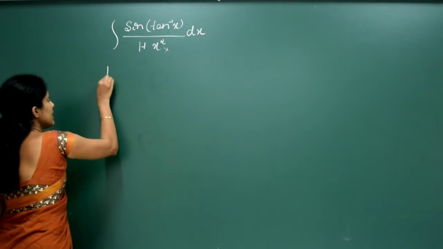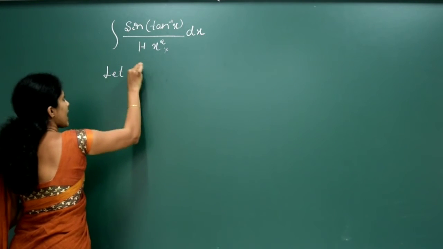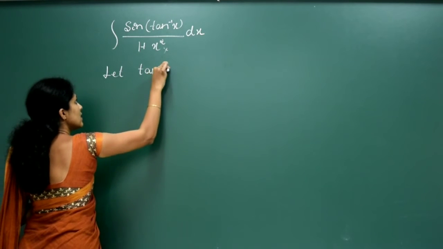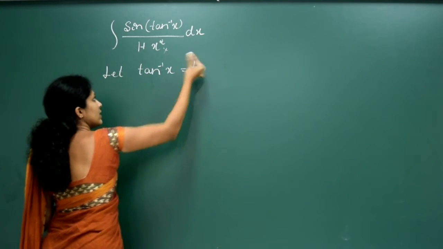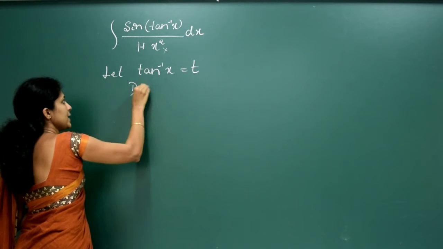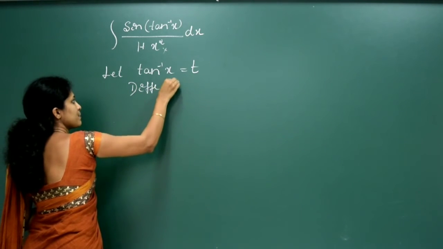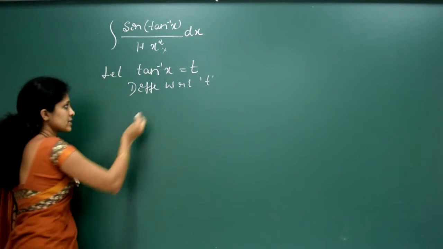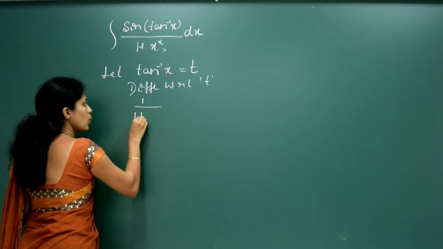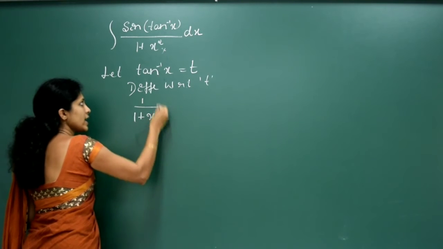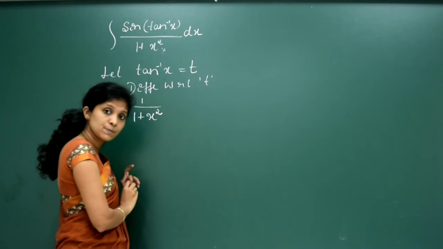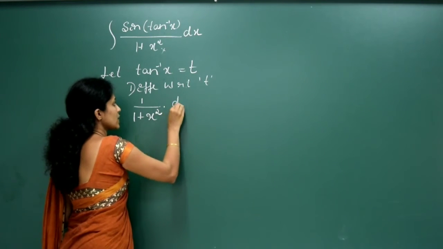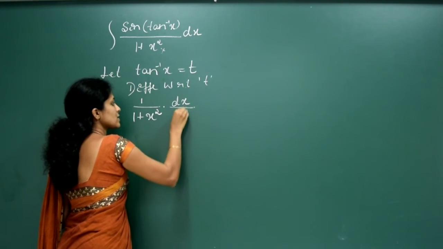Okay, let us start. Let tan inverse x be equal to t. Now differentiate with respect to t, so the derivative of tan inverse x is 1 divided by 1 plus x square, and you are differentiating with respect to t, so dx by dt.